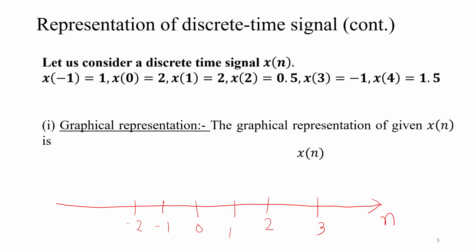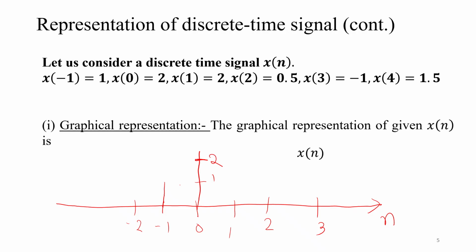Given x of 0 is equal to 2, let this be 2. Next, x of minus 1 is 1.